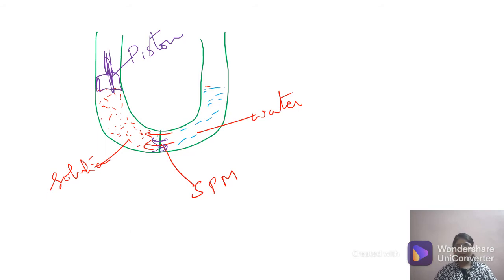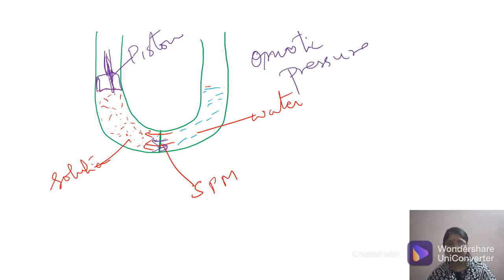At this time, when it comes into equilibrium, that pressure which doesn't allow further movement of water into the solution is called osmotic pressure.